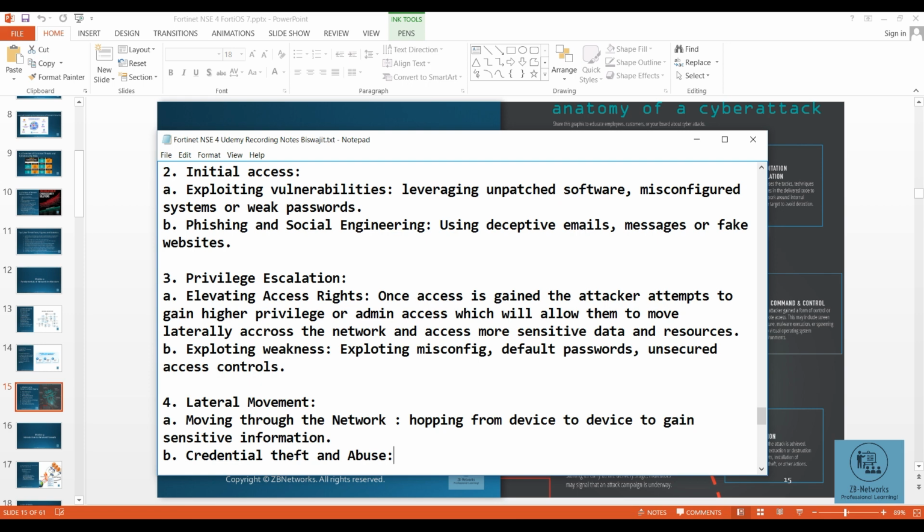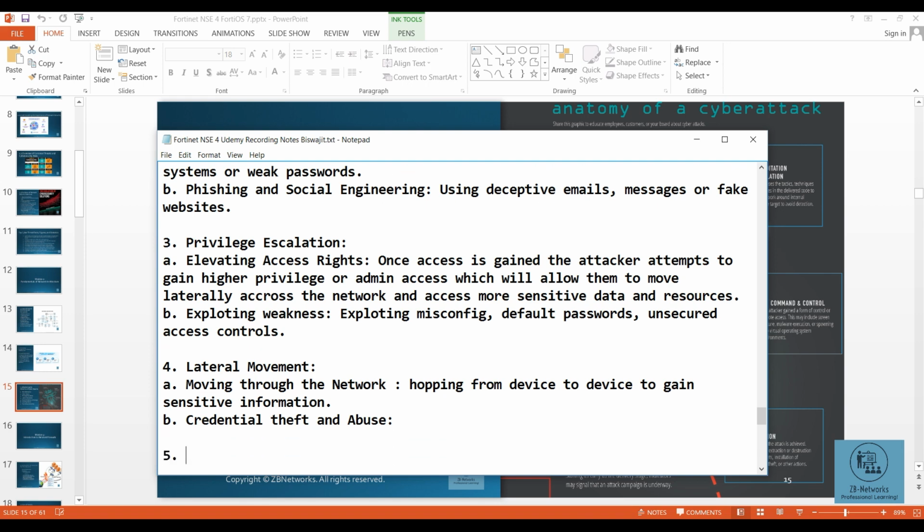They will not be detected because they are behaving as legitimate users, since they still have the original user credentials.